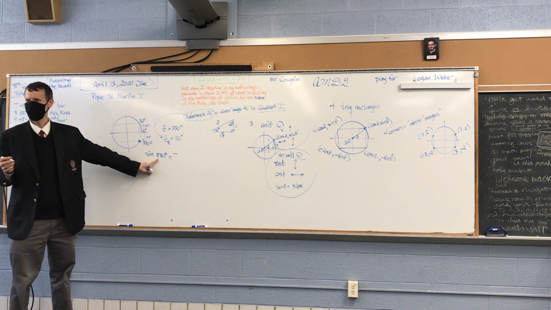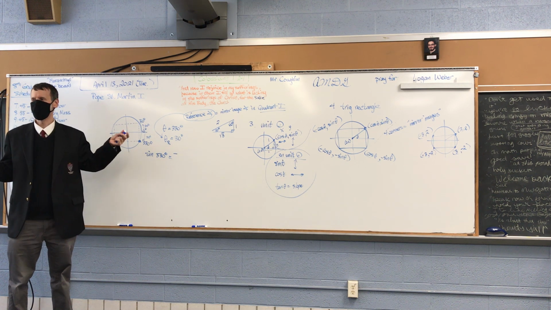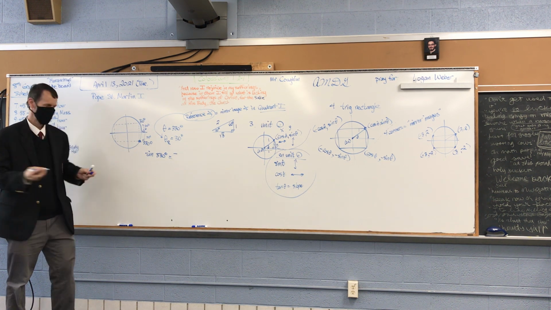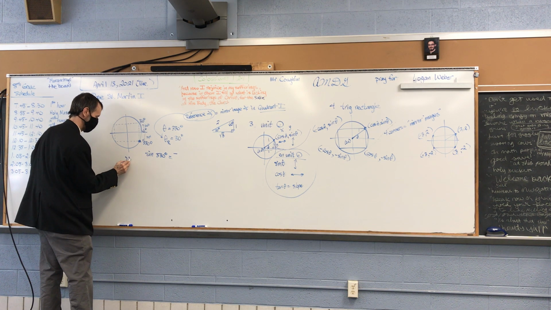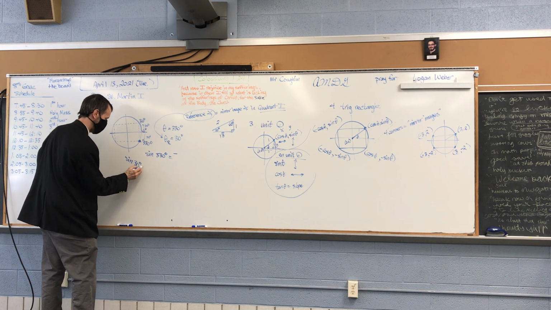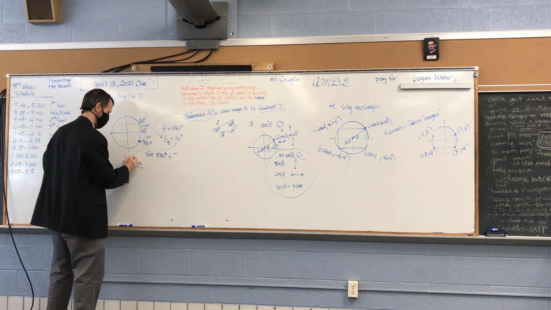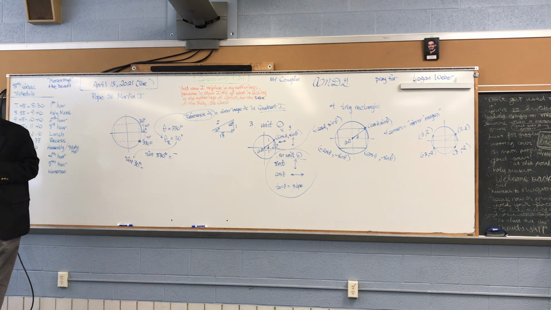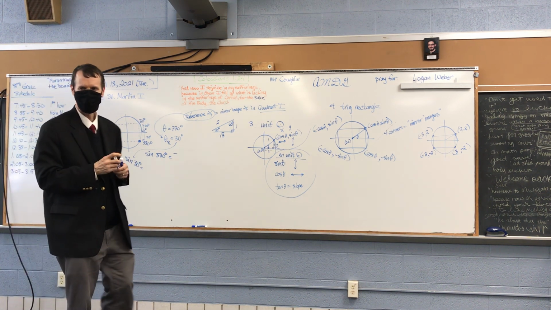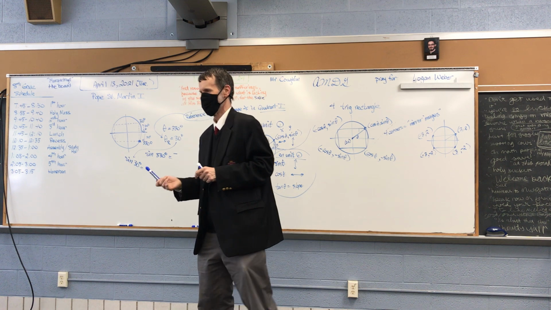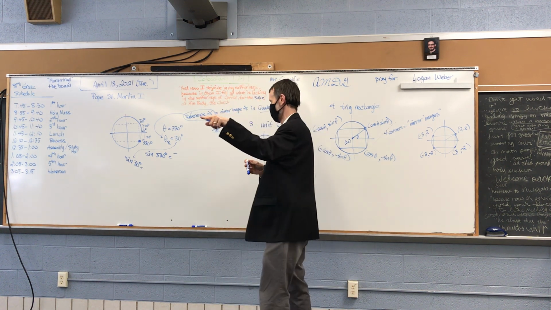Does everybody see that if you did the sine of 330, there's no direct way to do that? We have no clue. Can you find the sine of 30 though? Go for it. How can you find the sine of 30? By the 30-60-90 triangle. Go for it.